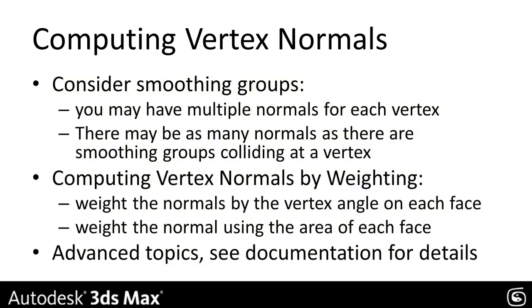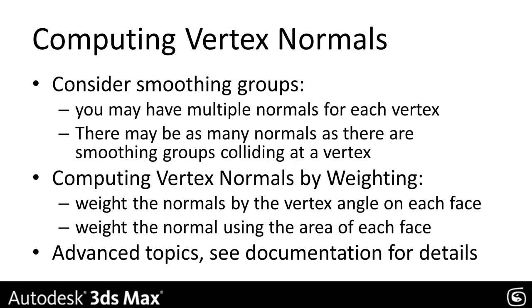If you're going to consider smoothing groups, then you may also have to multiply normals for each vertex. There may be as many normals as there are smoothing groups colliding at that vertex. Computing the vertex normals by weighting is one approach, and you would weight the normals by the vertex angle on each face, and then weight the normal using the area of each face.